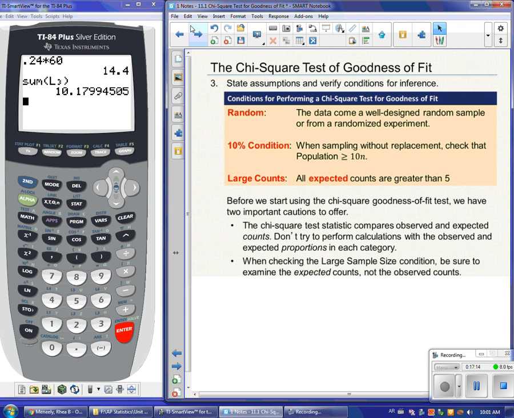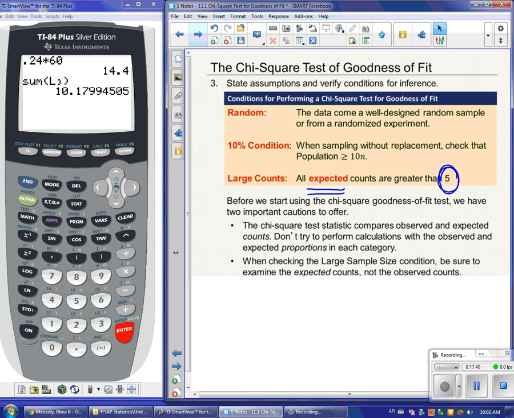Well, with the large counts criteria for the chi-squared, we're looking at the expected counts only being greater than 5. So this condition is a little bit different. We're also not interested in a normal condition here. We're not worried about whether or not the distribution is normal because we are definitely dealing with categorical data, which is not really associated with a normal distribution.